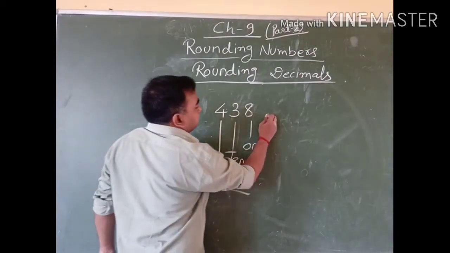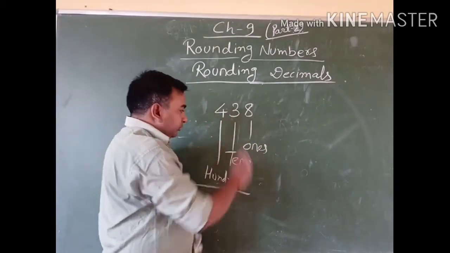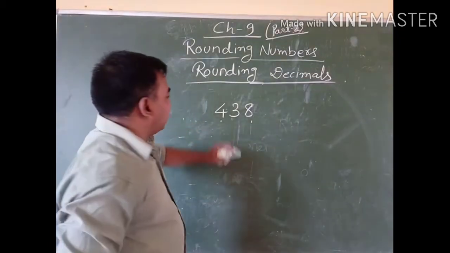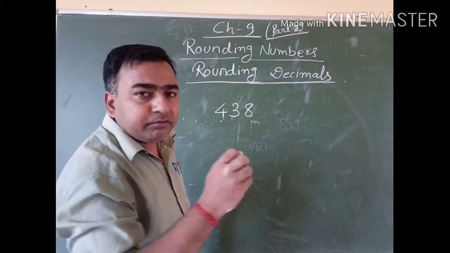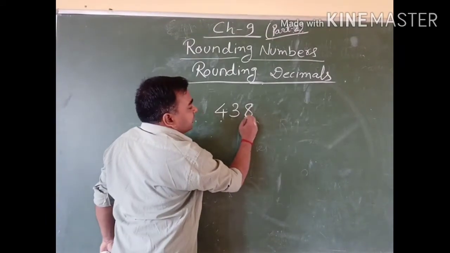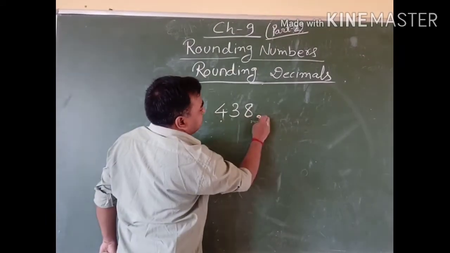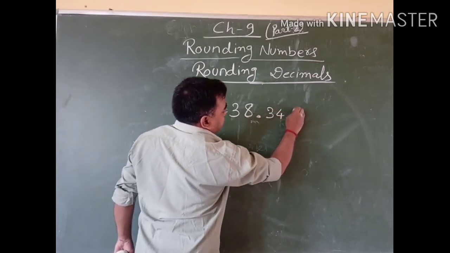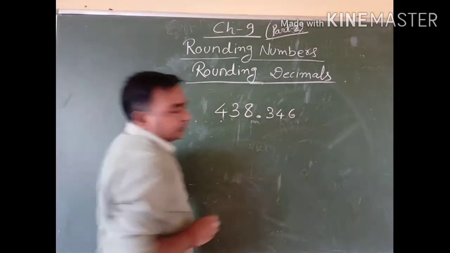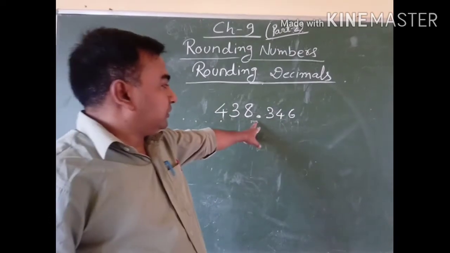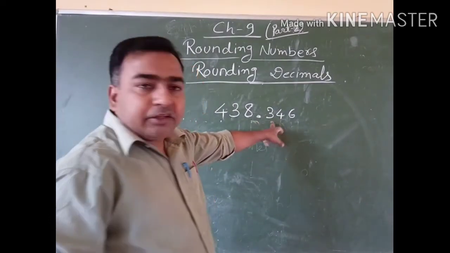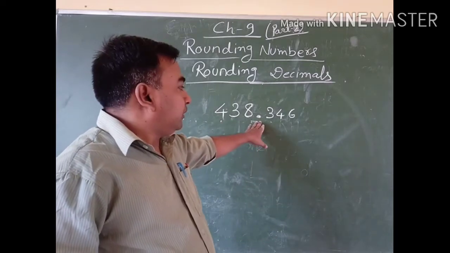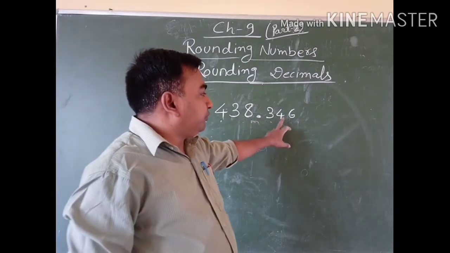For example, this 4 I keep as it is, and we will write 438.346.